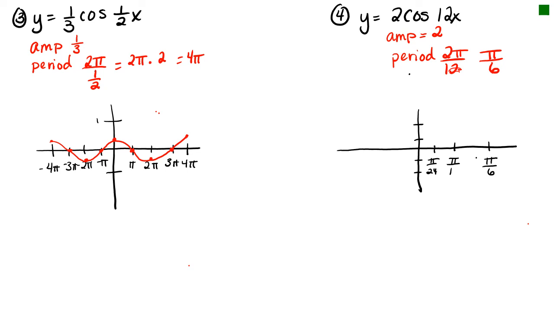So 1 24th, 2 24ths, 3 24ths, but everything's been reduced, so I'm going by pi over 24, 2 pi over 24, 3 pi over 24, 4 pi over 24.